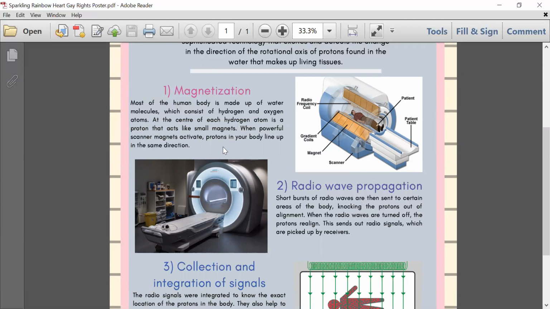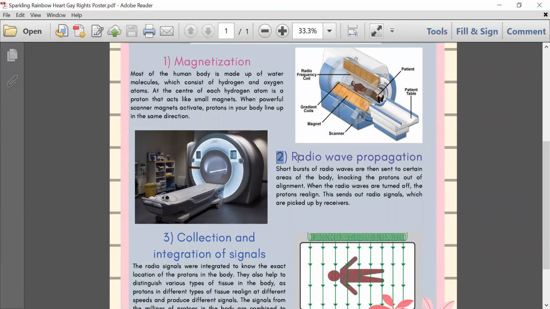Therefore, as we have learned in physics, based on the Biot-Savart law, moving charges will create a magnetic field, which in our case means the water molecule dipole creates a small magnetic field around it. And while the strong magnetic field is produced by the MRI machine, they can align with the magnetic field lines exerted by the strong magnet.